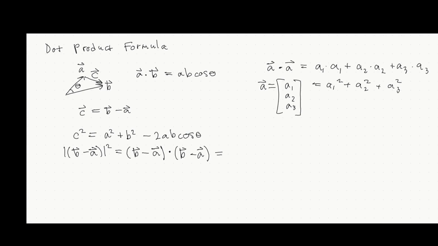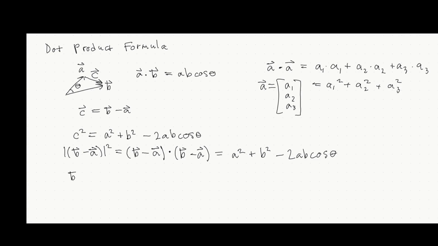Okay, so then this equals A squared plus B squared minus 2AB cosine theta. And we can break down this dot product because it's a bilinear form. What that means is it's linear in both arguments, so in both of these parentheses, and that means we can distribute.